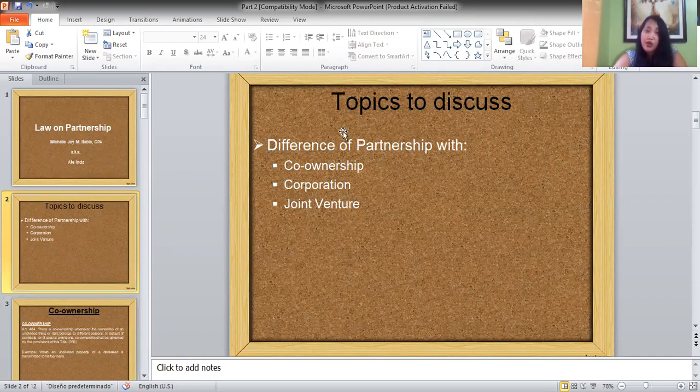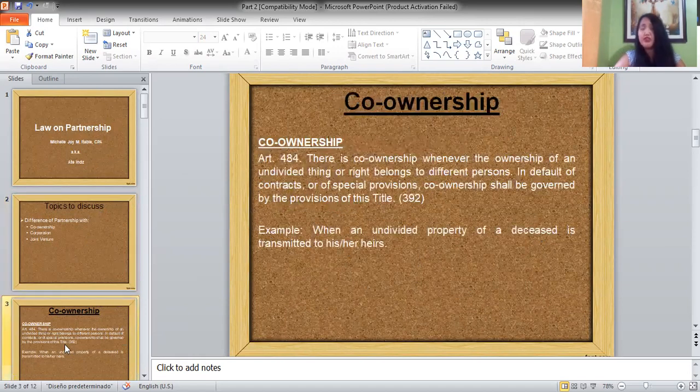So now, let's define first what is co-ownership. Co-ownership, as stated in the Civil Code: there is co-ownership whenever the ownership of an undivided thing or right belongs to different persons.